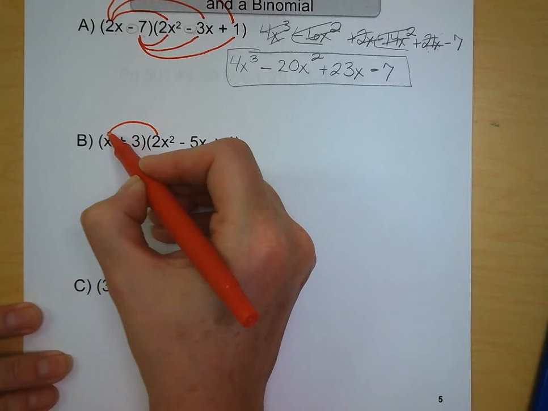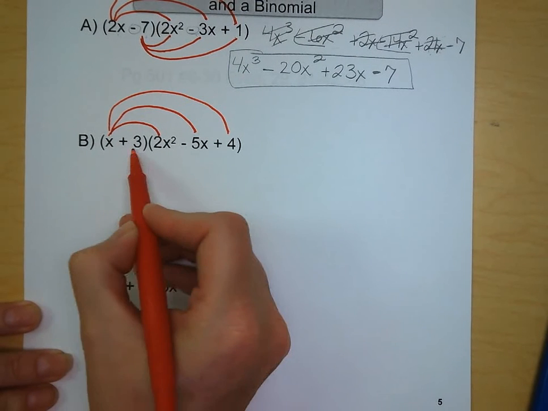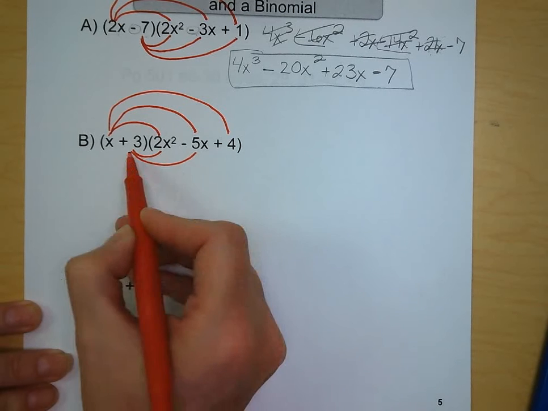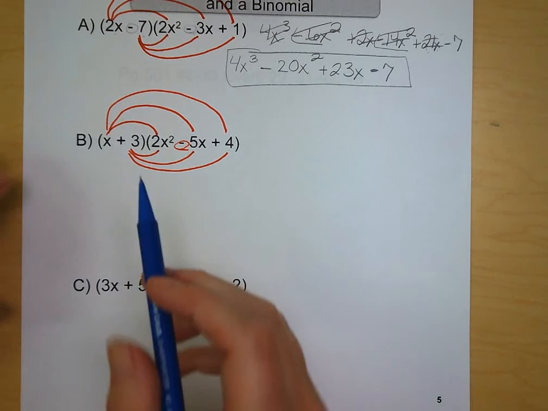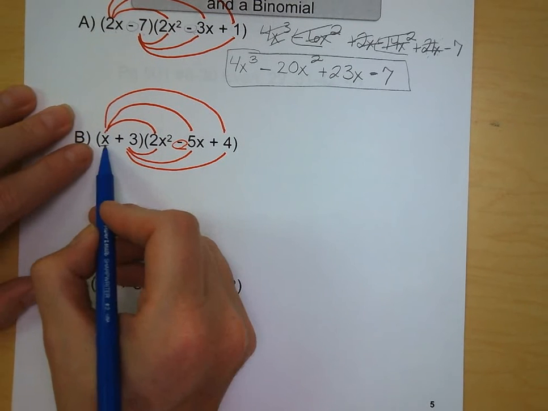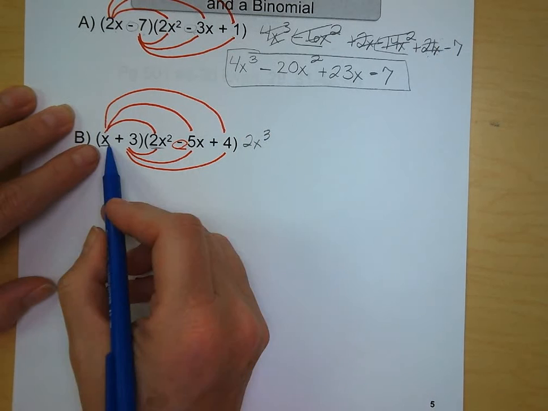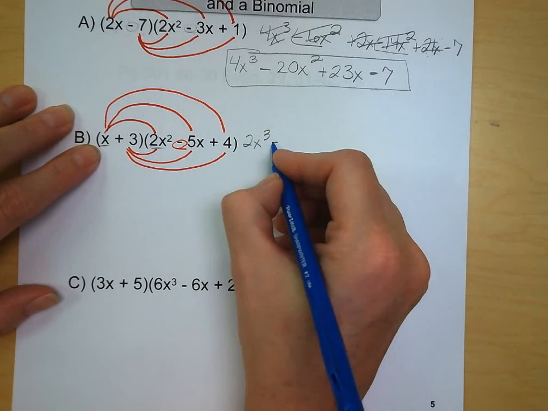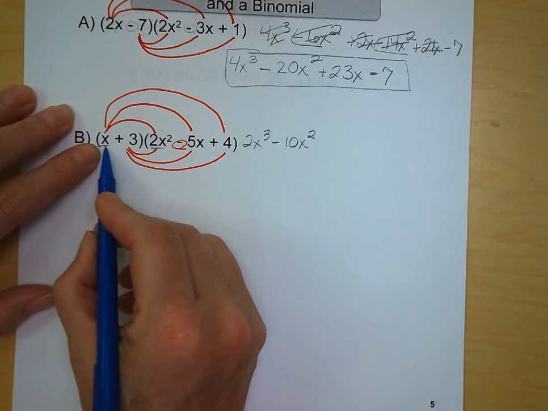Draw in your distributions to make sure you do each and every one of these steps. And be mindful of those negative signs. So, x times 2x squared gives us 2x to the third power. X times negative 5x is minus 5x squared.